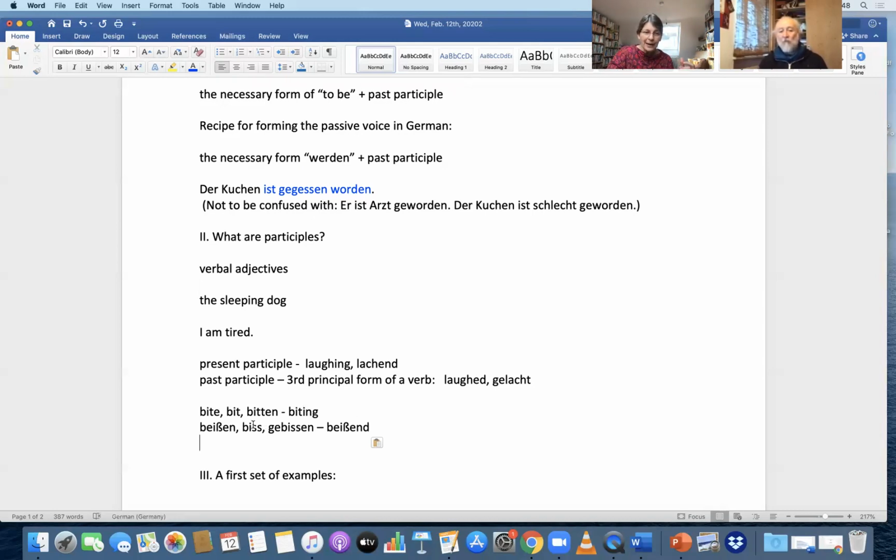these forms, for example schreiben, schrieb, geschrieben; essen, aß, gegessen; eat, ate, eaten, right?